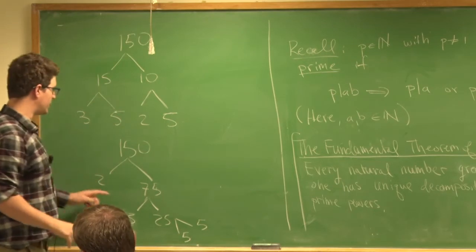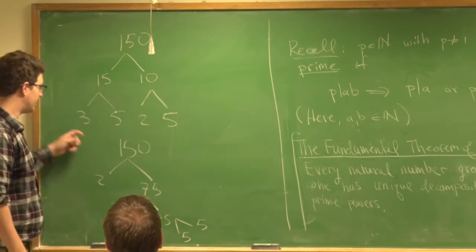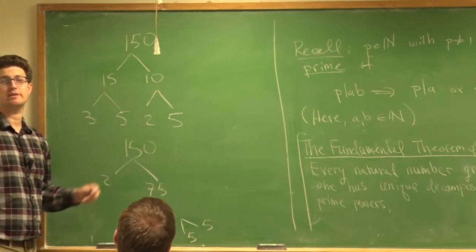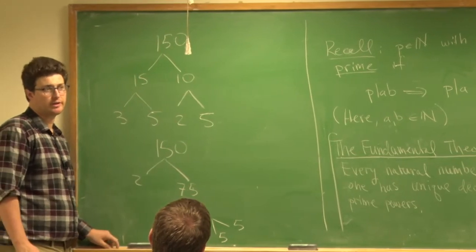Okay, and so no matter which way you break this down, you're going to get the same factors with multiplicity. So it doesn't matter the order that you do this in.